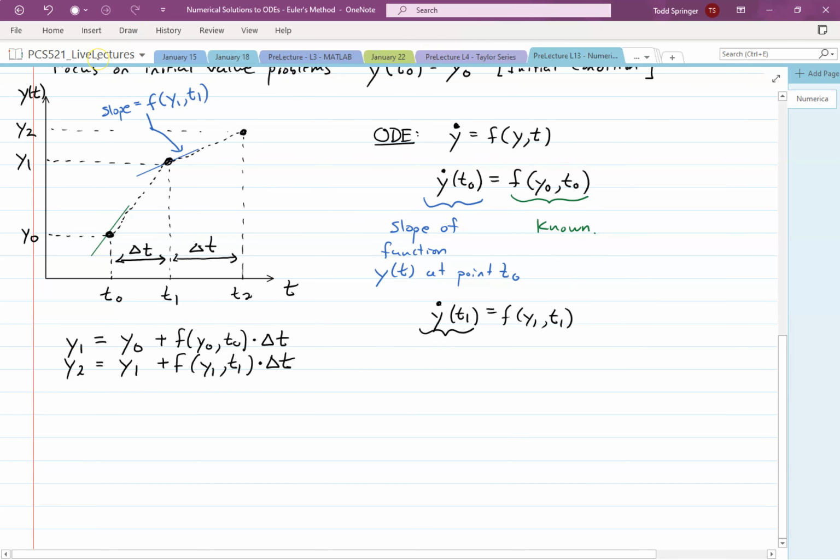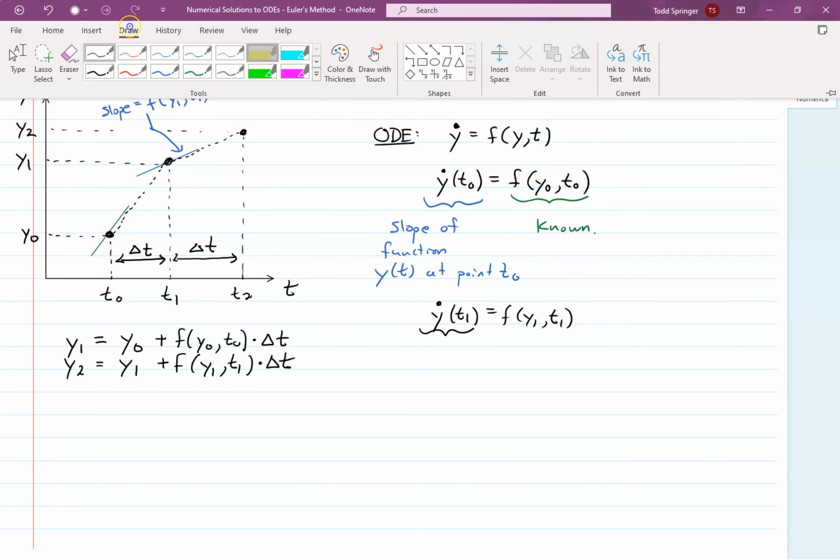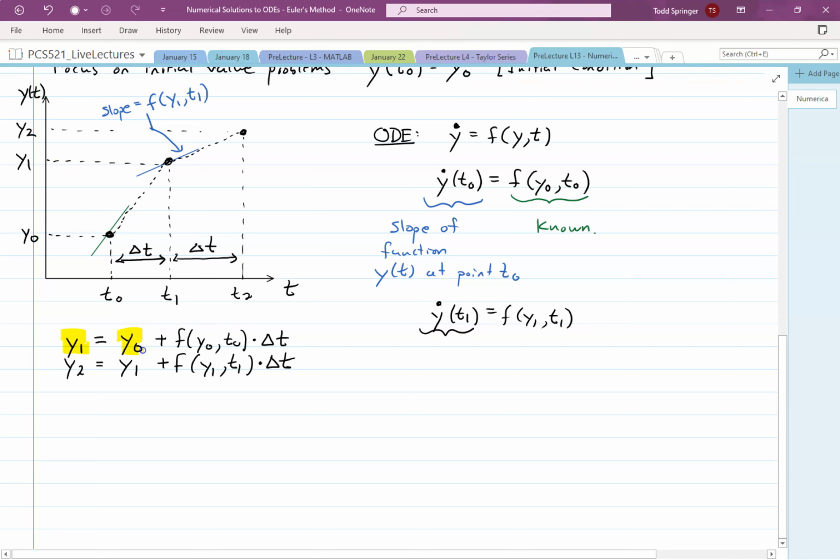So you see, how did I get y1? I took the previous point, evaluated the slope at that point, and multiplied by delta t. And then how did I get y2? I took the previous point, found the slope at that point, and multiplied by delta t. So you can kind of see the generalization here.